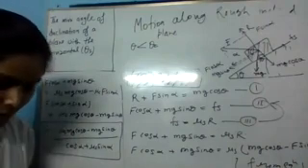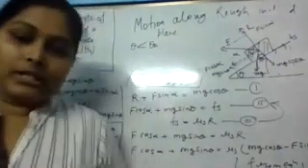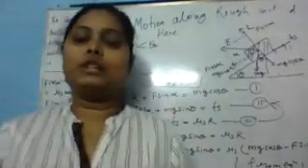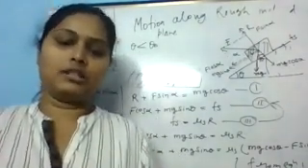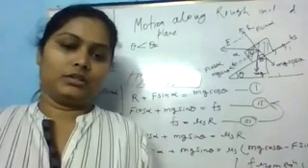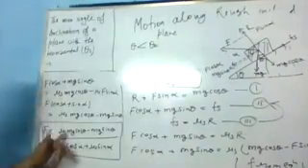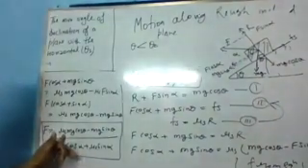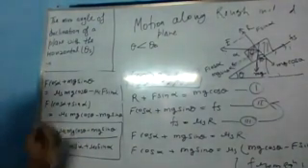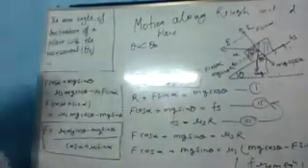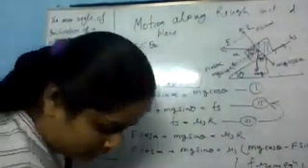Now we can simplify this equation also. How can we simplify this equation? Mu s equals tan theta s also. So you can put here mu s equals tan theta, and then change it to sin theta upon cos theta. So the cos theta terms will cancel. So this equation will be easy for us.